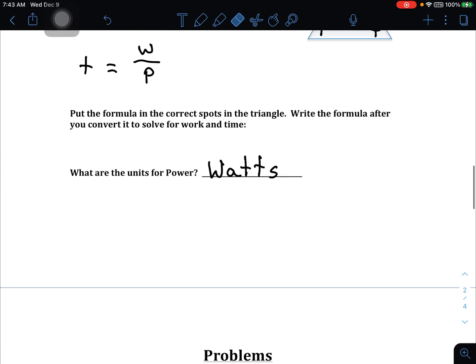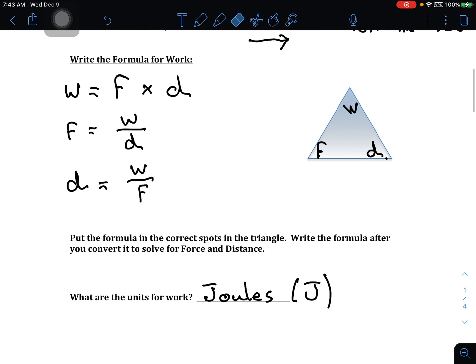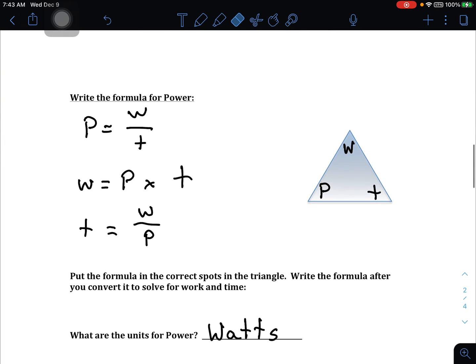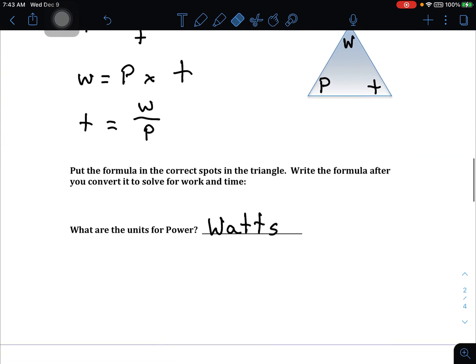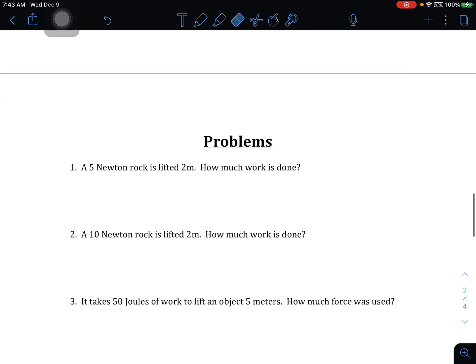You have two formulas you can use. You could be solving work problems where you have work, force, and distance, or it could be a power problem where you have power, work, and time. By reading the problem, you're going to need to figure out which one is appropriate.